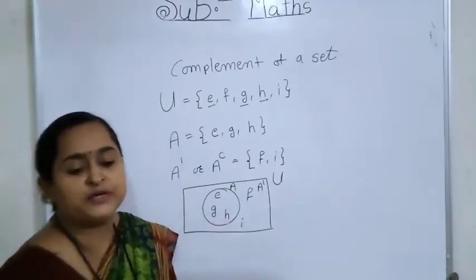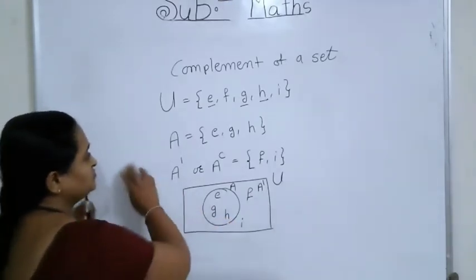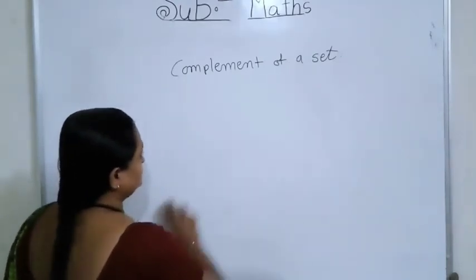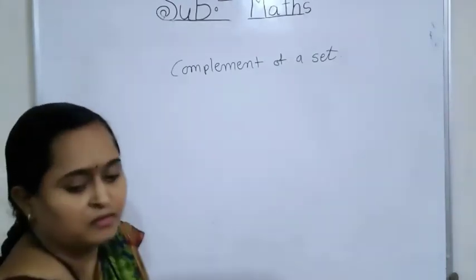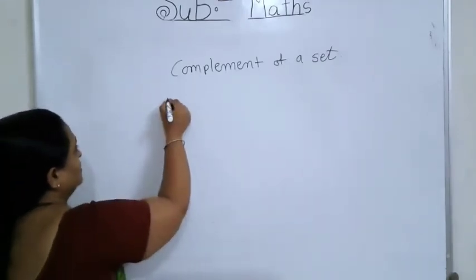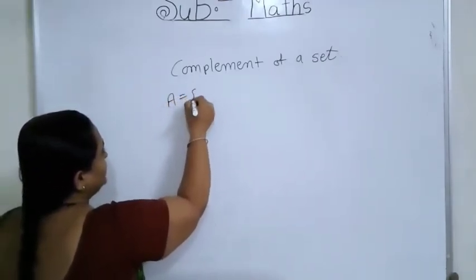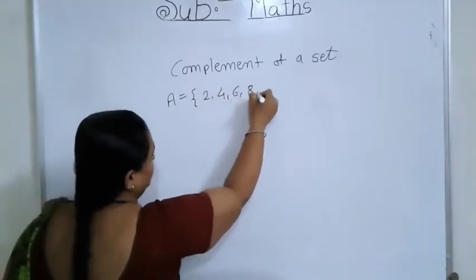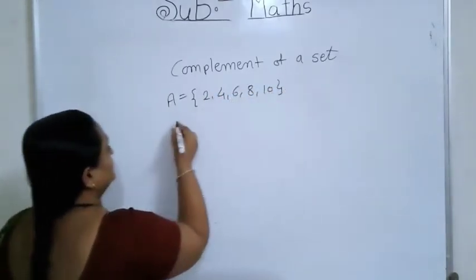Now next example also we can take. A is the set of 2, 4, 6, 8, 10.